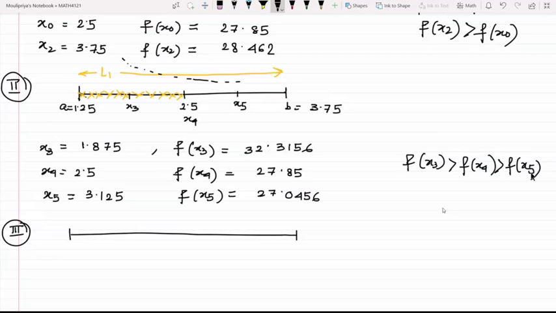So what do we have? It's 2.5. We can call this one as L2.